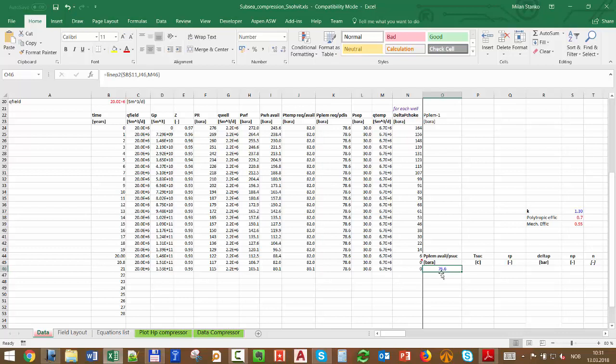Now, if we are in the compression, so this number, what I have available, right, should be less than what I require. We should be to the right side of the intersection. Okay, so here it looks fine, but it looks very small. If you see the difference, it's like 2 bar. So it seems very, very small, that the compressor has to provide a very small delta P. So what next?